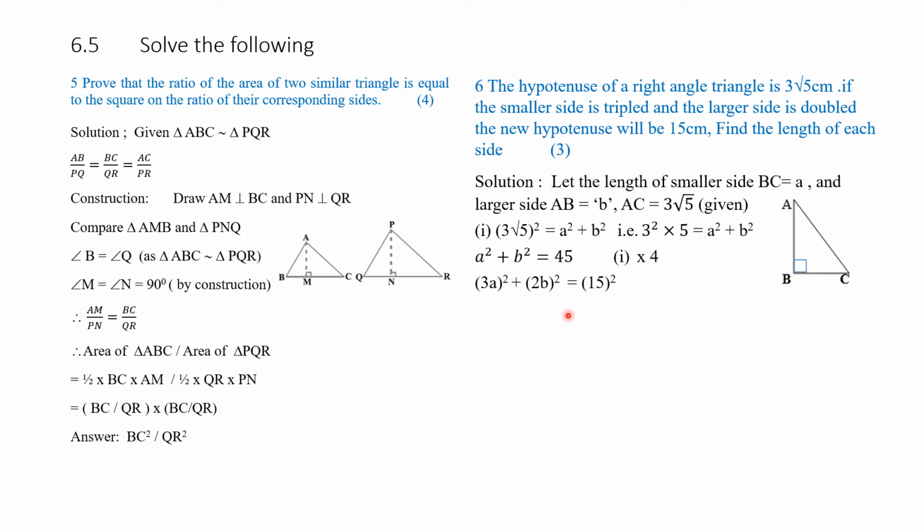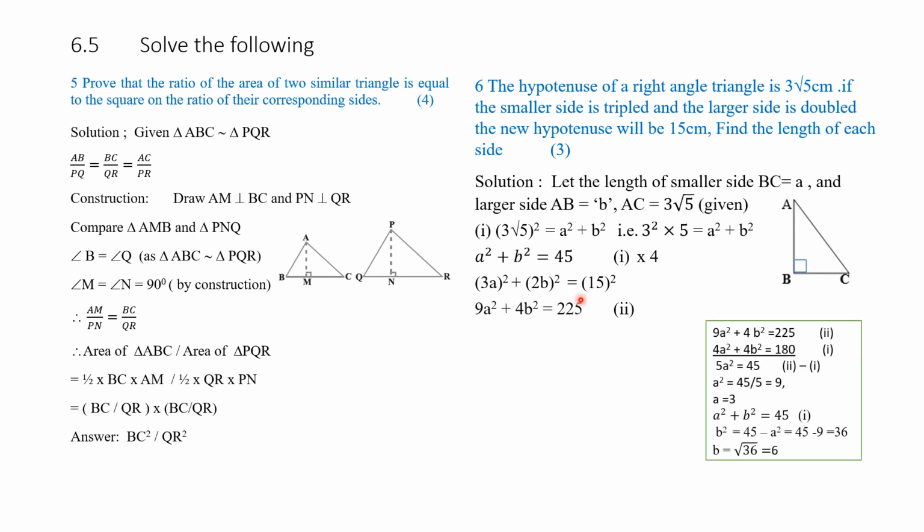Therefore, by Pythagoras theorem, the new hypotenuse square, that is 15 square, is equal to (3a) whole square plus (2b) whole square. Simplifying, we get 9a square plus 4b square, since (3a) whole square is 9a square and (2b) whole square is 4b square, that is equal to 225. Let this be equation 2.